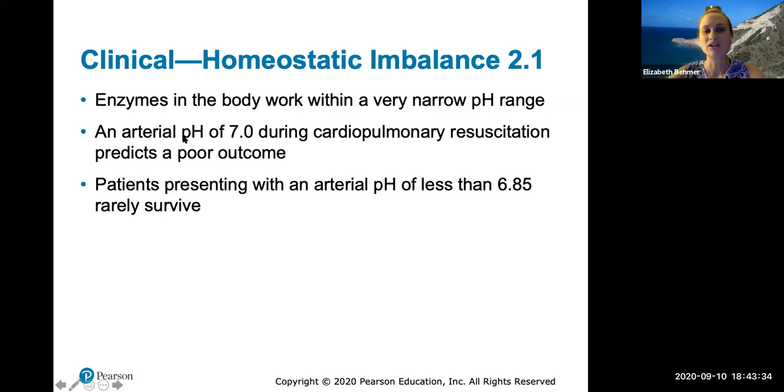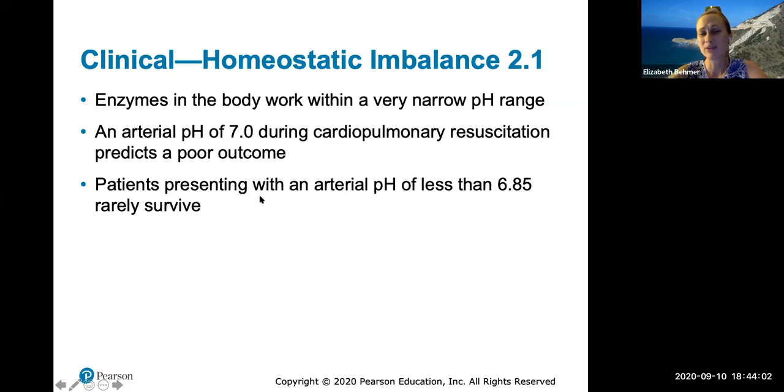If you have an arterial pH of 7, which is just under the normal 7.4 of your blood, during some sort of cardiopulmonary resuscitation, so someone is going into cardiac arrest and they're trying to resuscitate them, this will predict a poor outcome if pH levels fall to 7.